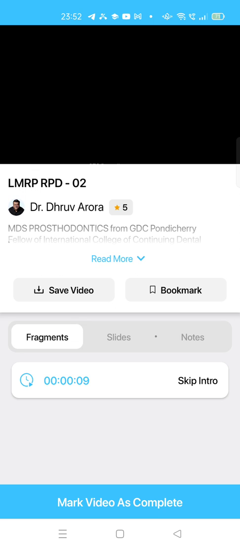Now there is something called secondary retention. Secondary retention is not direct retention, and not indirect retention. Secondary retention in a removable partial denture is provided by the polished surface of the denture. Secondary retention can also be achieved by maximizing the tissue coverage.